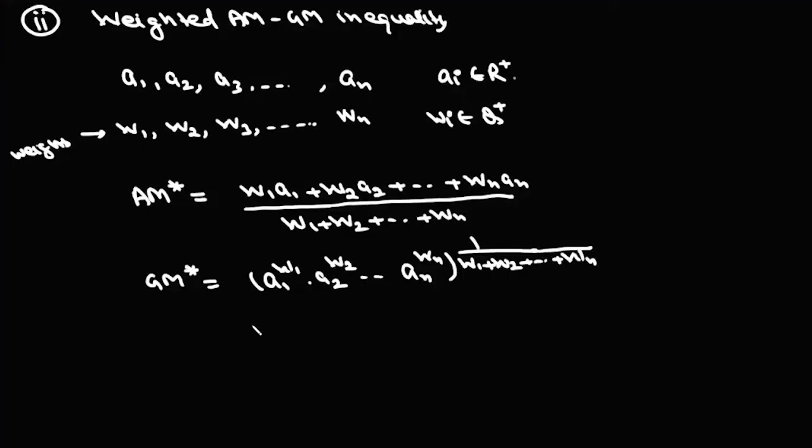Now let us take an example. Say, for example, we have three positive real numbers a, b and c, and let us consider their weights as 1, 2 and 3.